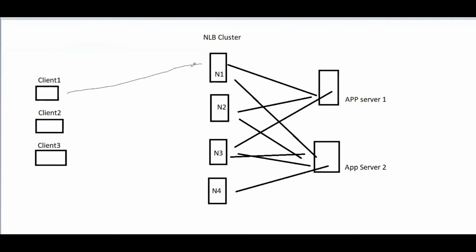The client will go first via node 1, but if node 1 is busy, then the client will be directed to node 2. If node 2 is busy, then it will be directed to node 3, like that. So clients will be distributed across these nodes. Whoever is available, that node will allow the connections. That's how NLB functions.